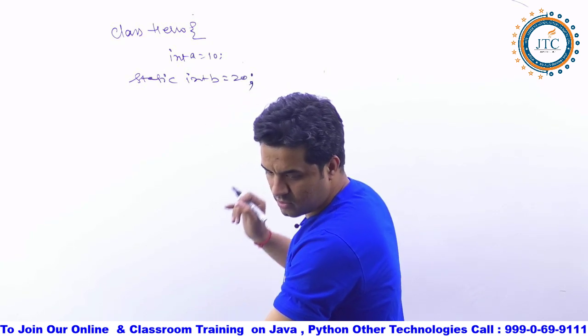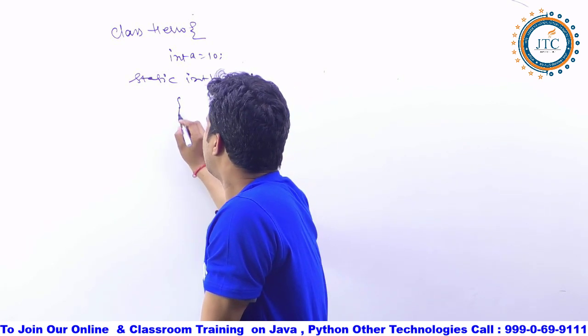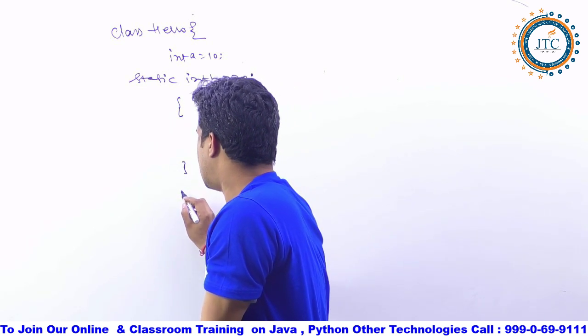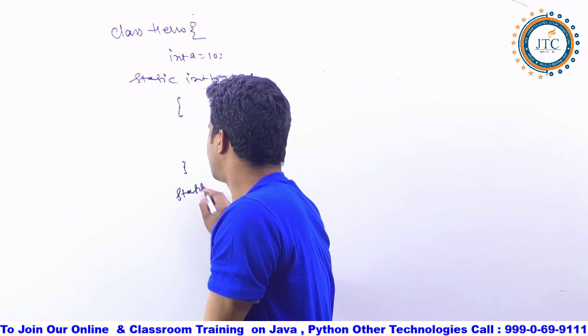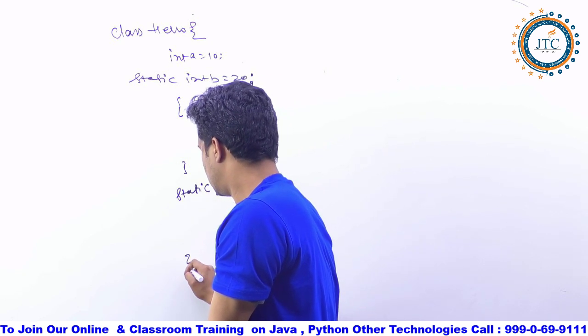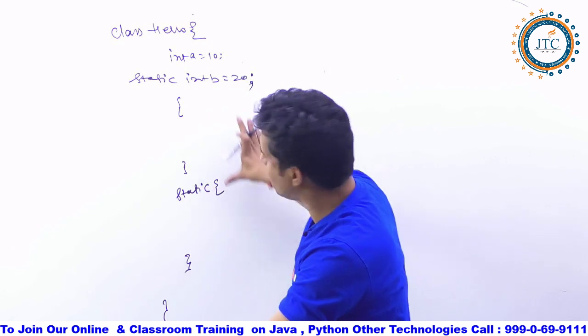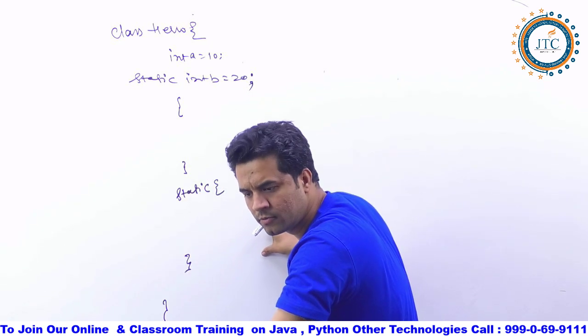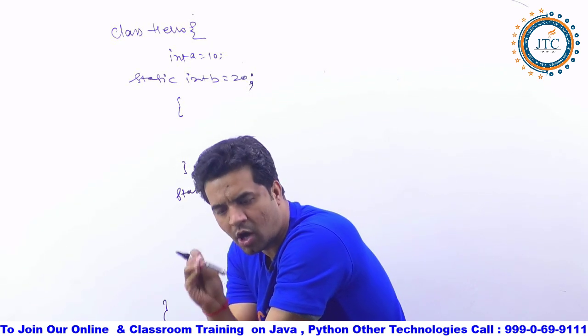Number one. Here I am writing one block, and here also I am writing one block, a static block. Getting it? Is it okay? Now I'll write one very small thing here.